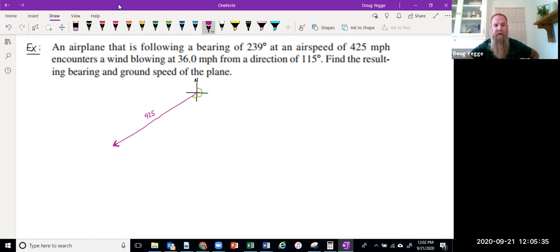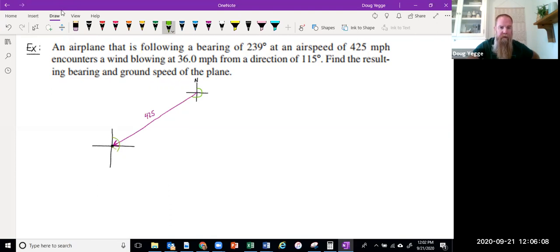Okay, so it says that it encounters a wind blowing at 36 miles per hour from a direction of 115 degrees. Okay, so it encounters a wind. Somewhere over here now, we've got another coordinate system. So it says it's blowing from a bearing of 115 degrees. So let's think where that is. That's 90 degrees is here and a little bit more.